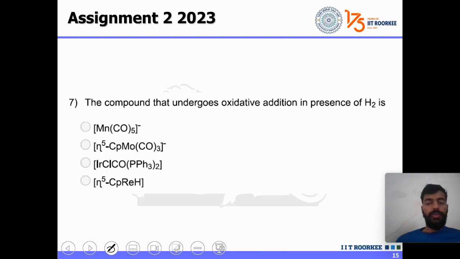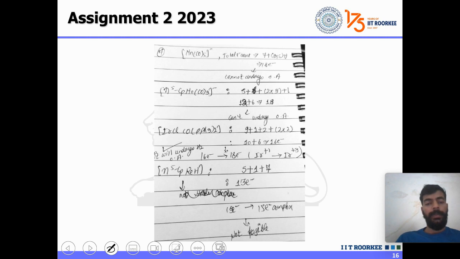The compound that undergoes oxidative addition in the presence of H2. If we want to go to oxidative addition, we need some eligibility criteria which we have discussed. Let's implement them. Here total electron count is 18 already, so it cannot go 18 to 20 for oxidative addition. If it is going from 18 to 20, it will get unstable.